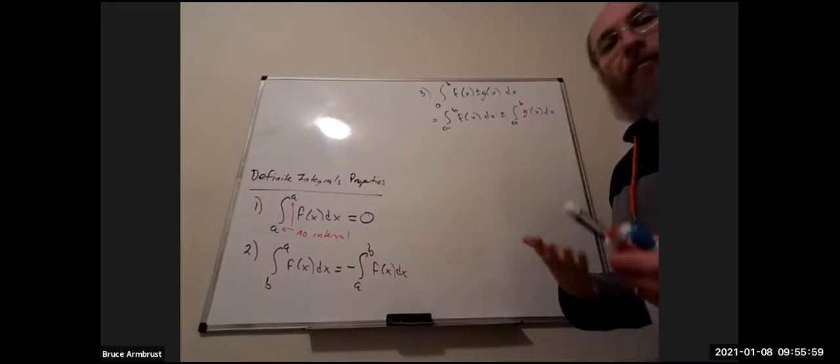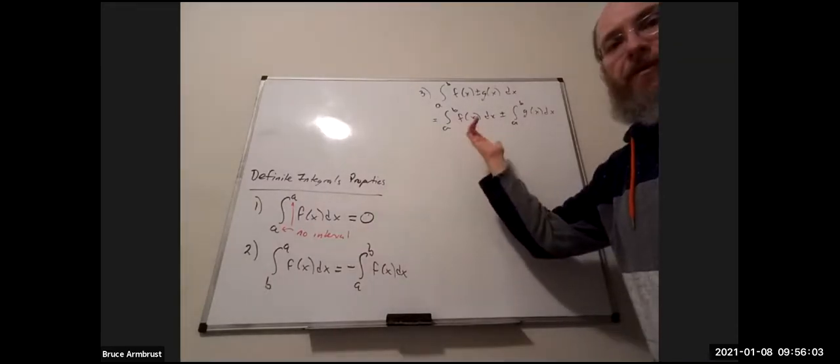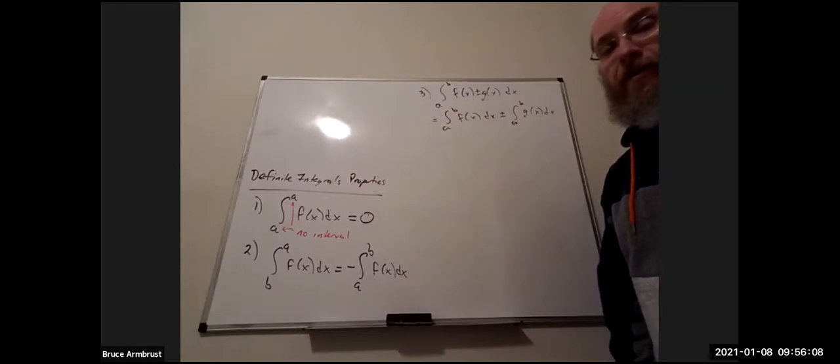We saw that same property with sums, and the reason that this works is that these are just sums, right? Definite integrals are sums that we take a limit on, but we know that both sums and limits allow us to do this, right? Split things apart.